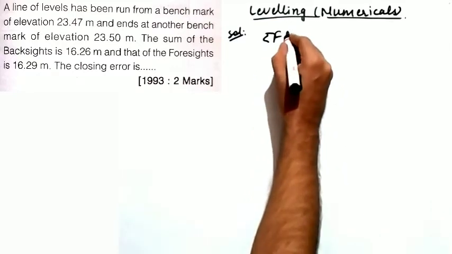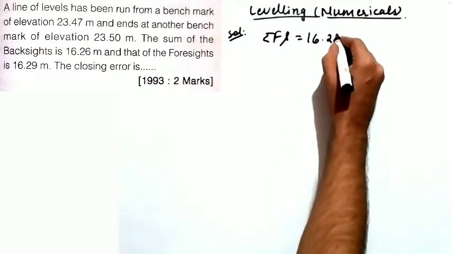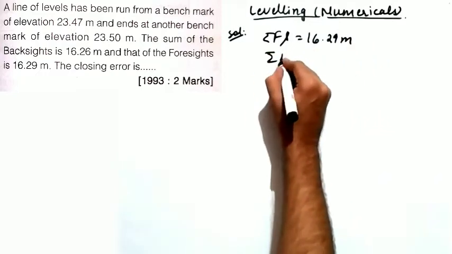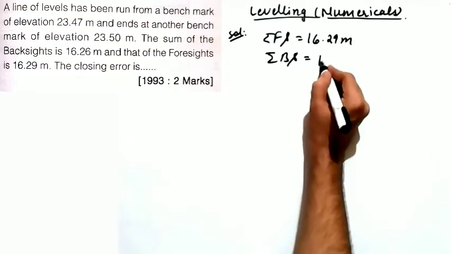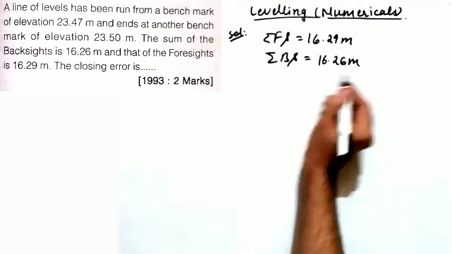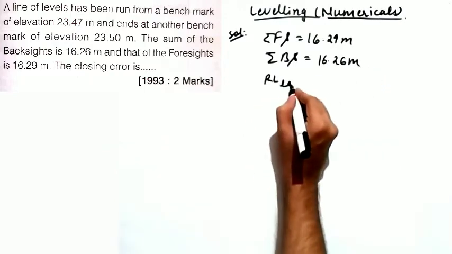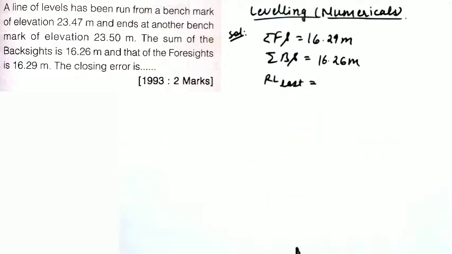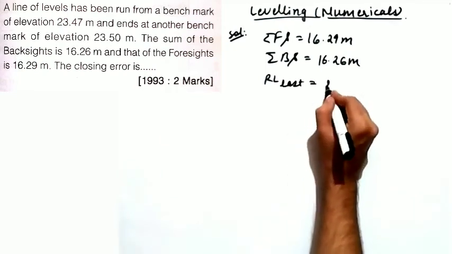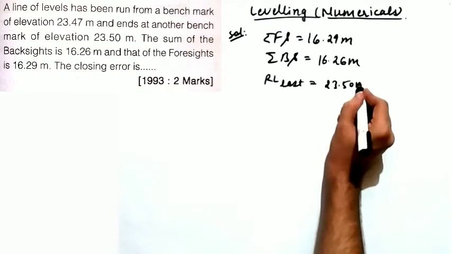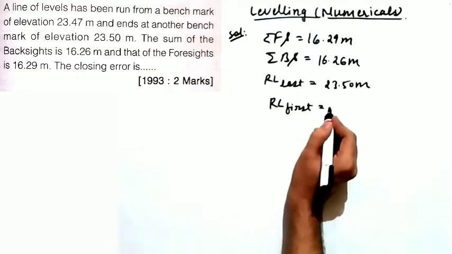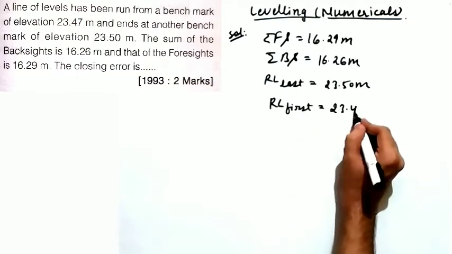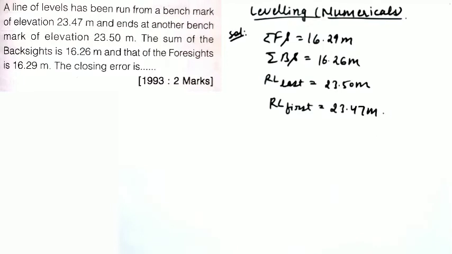That means sigma Fs equals 16.29 meters, sigma Bs is 16.26 meters, and RL of last station ends at 23.50 and RL of first station is given as 23.47.